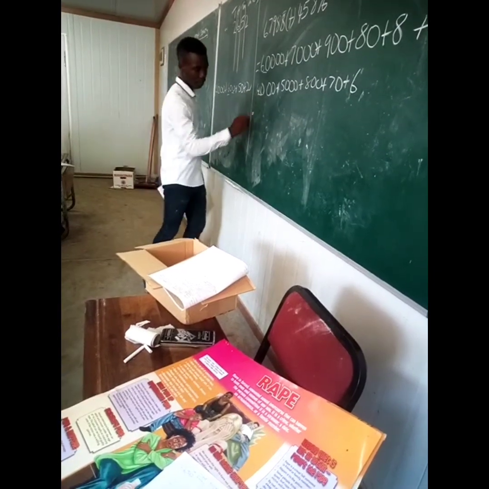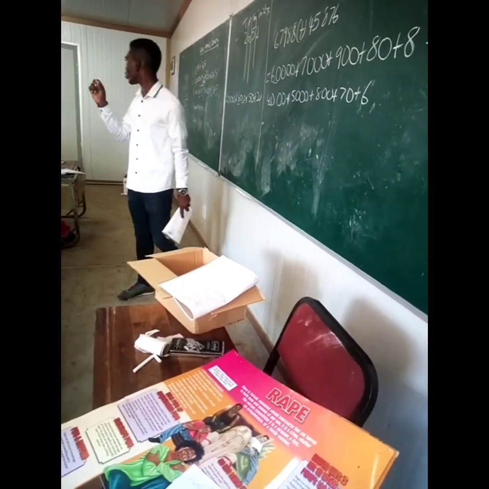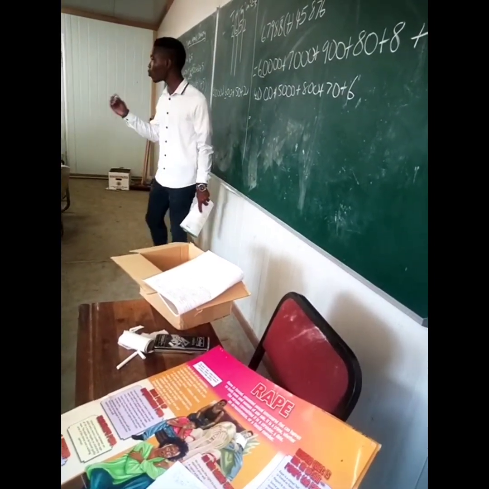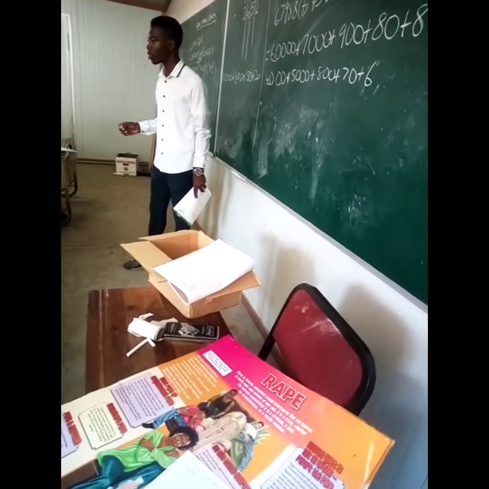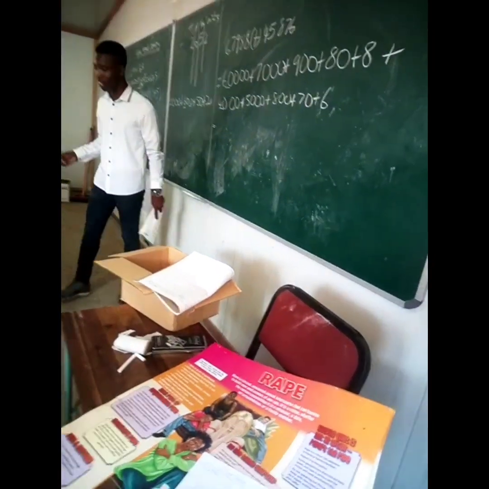60,000 and 40,000. Now, what do we use in order to group them together? What do we use? Brackets, right?